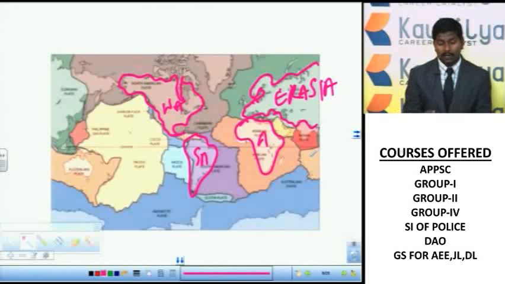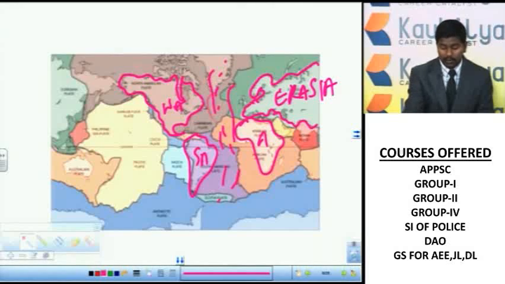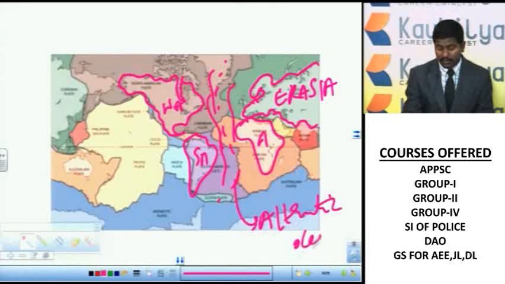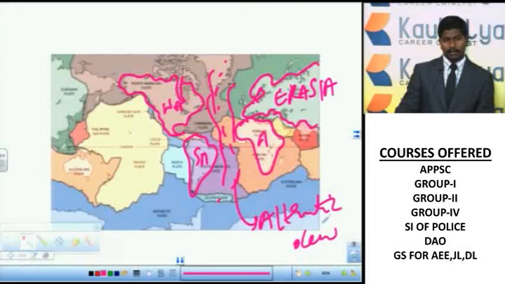So this is how the continents got divided into different parts, and new gaps were created among these continents, and these gaps were filled by water, and these gave birth to the new oceans. So here it is the Atlantic Ocean, in between Africa and Europe on the east side, and North America and South America on the west side.